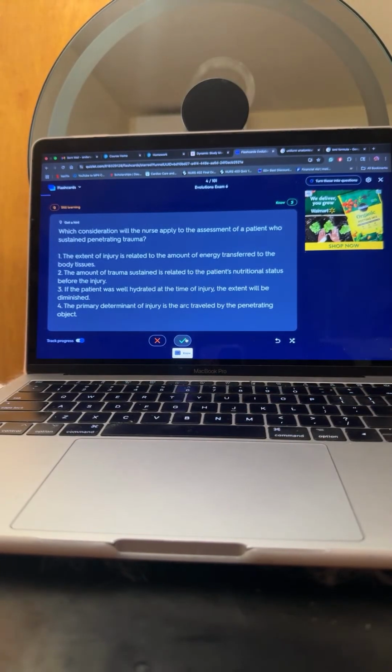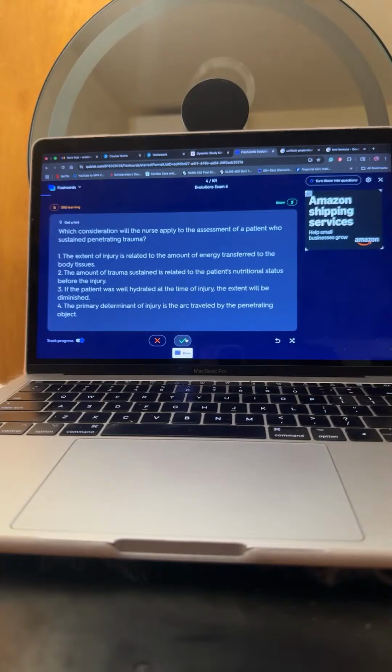Okay. Which consideration will the nurse apply to the assessment of a patient who sustained penetrating trauma? The extent of injuries related to the amount of energy transferred to the body tissues; the amount of trauma sustained is related to the patient's nutritional status before the injury; if the patient was well hydrated at the time of injury, the extent will be diminished; or the primary determinant of injury is the arc traveled by the penetrating object.